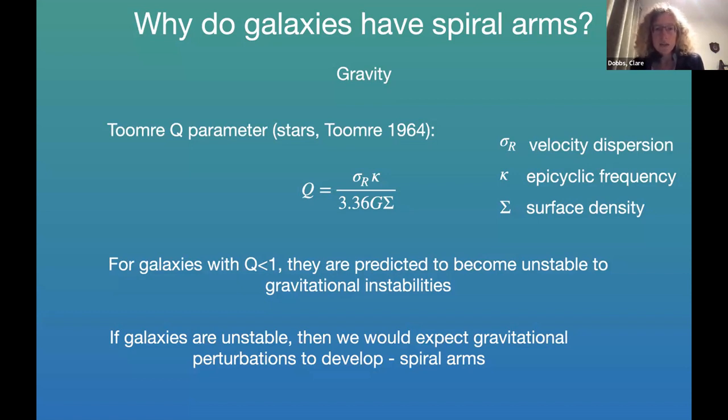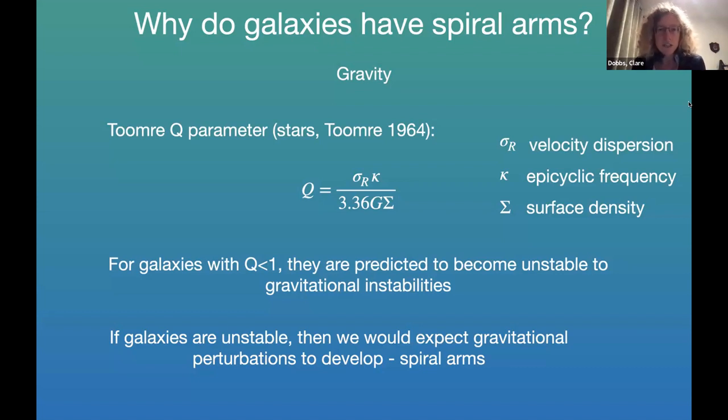It depends on three parameters. The velocity dispersion is just a measure of the random motions of the stars. Epicyclic frequency has to do with the shear of the disk. And it also depends on the surface density, which just depends on the mass in the disk, basically.